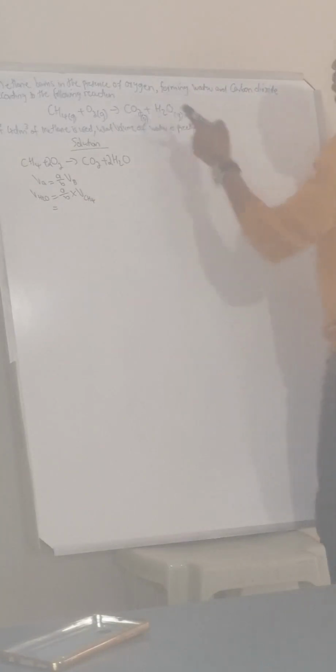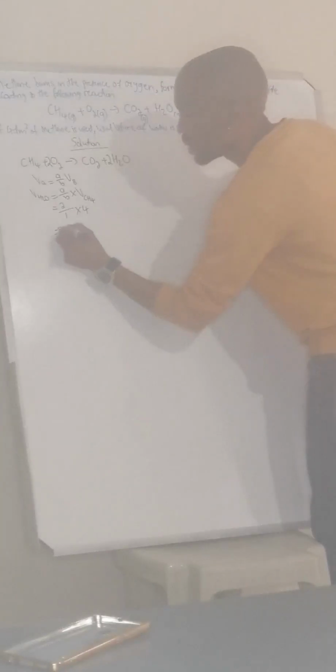After rebalancing, it is 2. And the stoichiometric coefficient of methane is 1. Multiply by the volume of CH4, which is 4, and you get 8 cubic decimeters of H2O. These are just questions the test links.